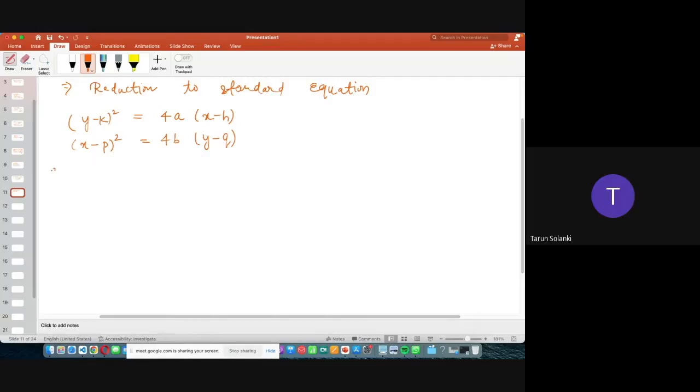So let me write the equation of the parabola. Then next is the vertex.